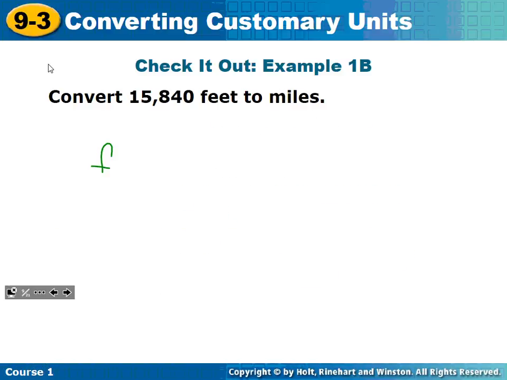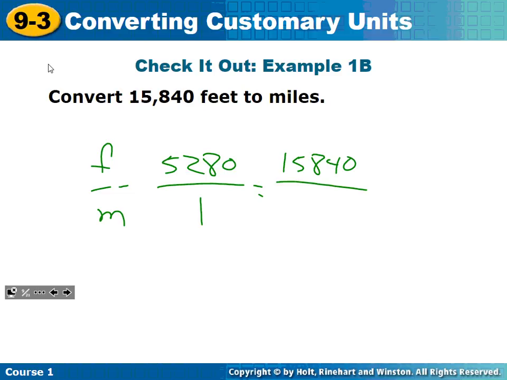Feet over miles. We got 5,280 over 1. And then it has us do 15,840 over x. It's so important that you always keep, if you decide to have feet on the top, you keep feet on the top. You can't switch them. If you start switching them, it's going to be a problem.